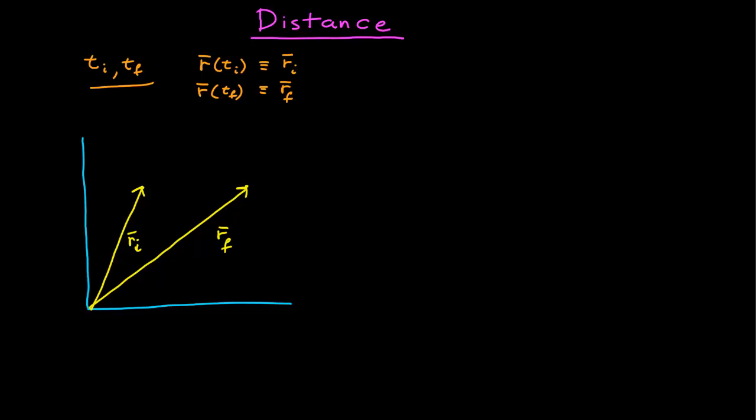And let's say that the particle traveled in a straight line between these 2 points. And that line is 12 meters long. Then the distance that the particle traveled going between those 2 points is 12 meters.